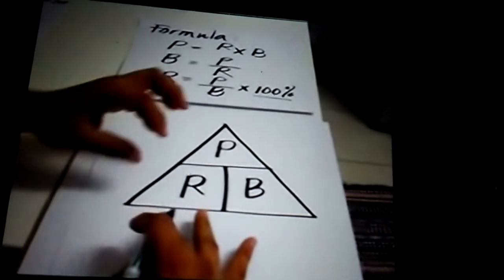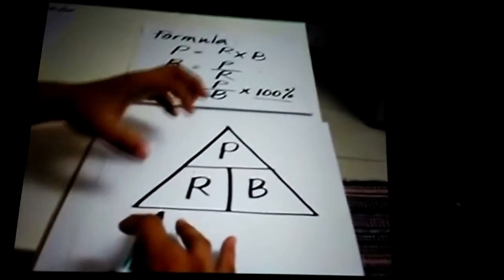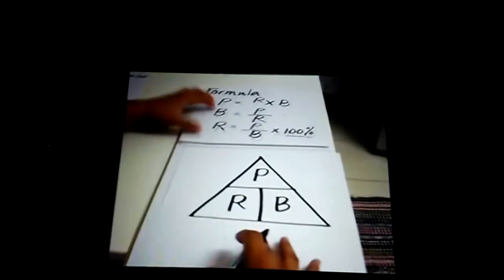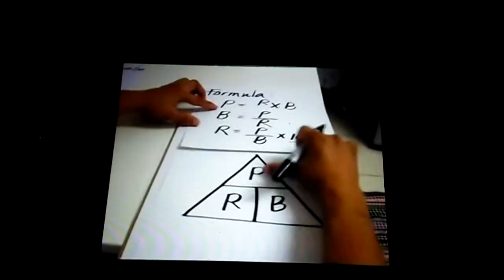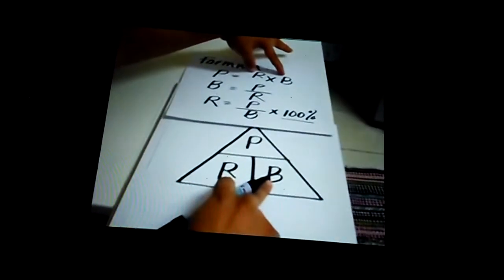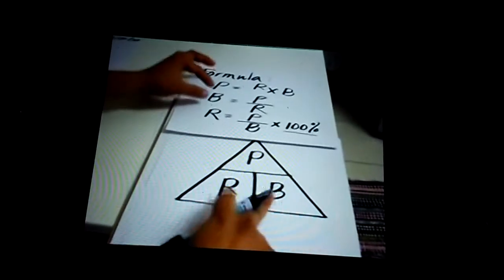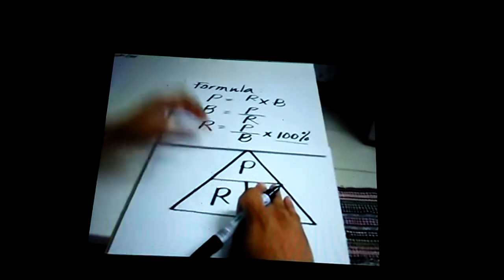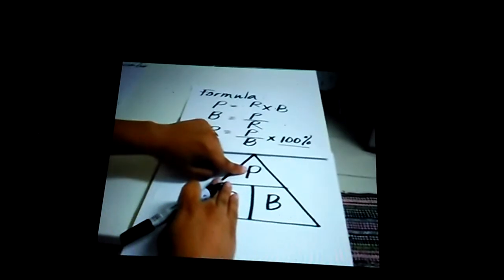But when one letter is above the other, it means the operation is division. Now, let's see if this tallies with our formula. The percentage is actually the product of rate and base. Correct. The base is missing, so you divide the percentage by the rate. And when the rate is missing, you divide the percentage by the base.